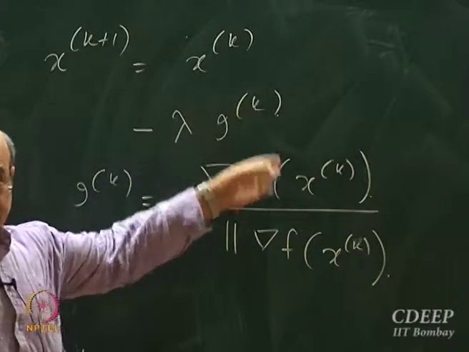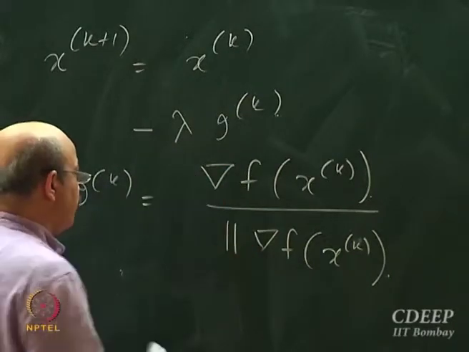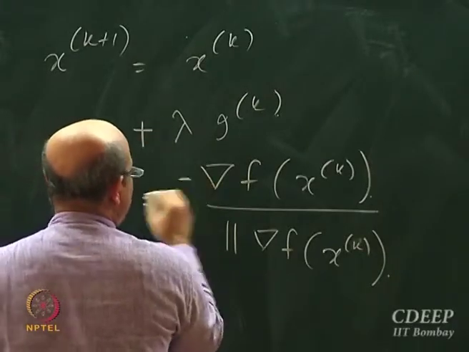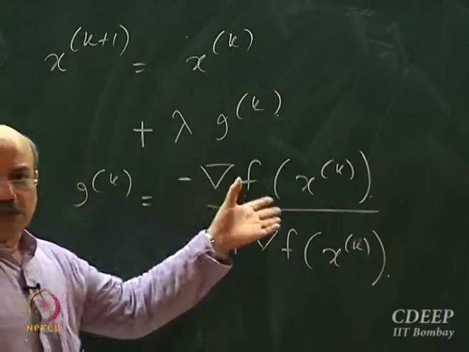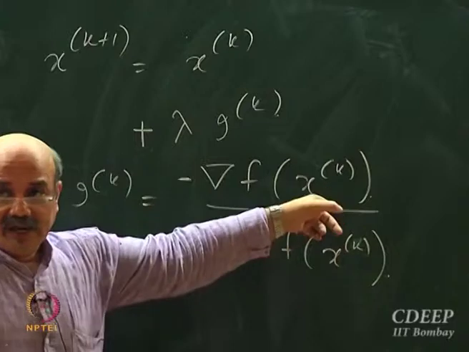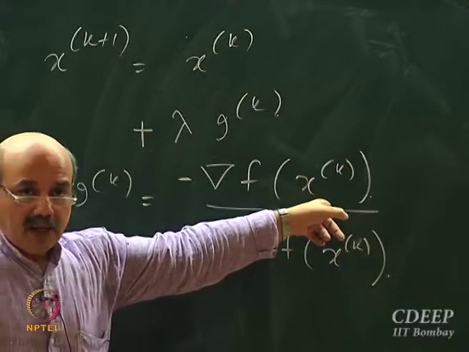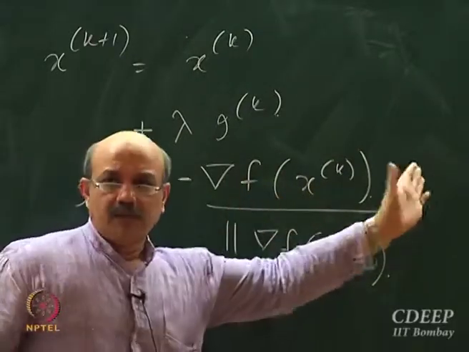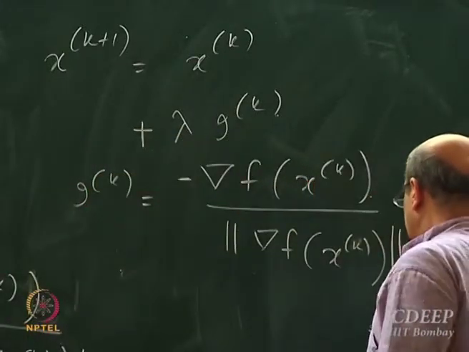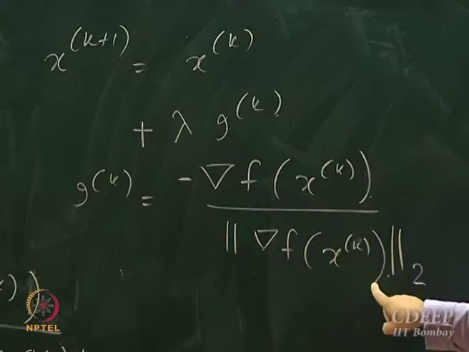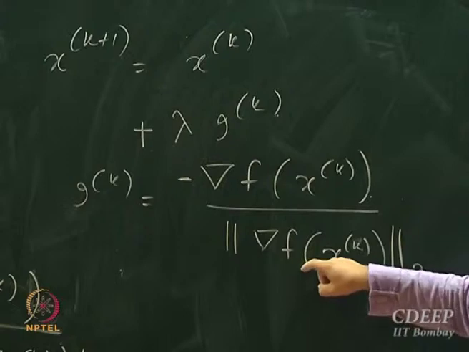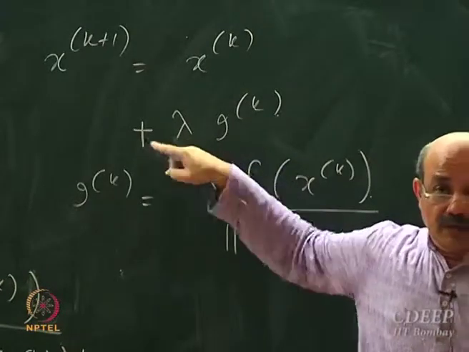Is this fine? This is the direction, or we can put plus here and take this minus, doesn't matter, whichever way you want to look. Negative of the gradient direction, I am taking unit direction along the gradient. Of course I am looking at two norm, I am not really right now worried about other norms. So wherever I am writing norms, these are two norms. So this is my negative of the gradient direction, and what is this lambda now?